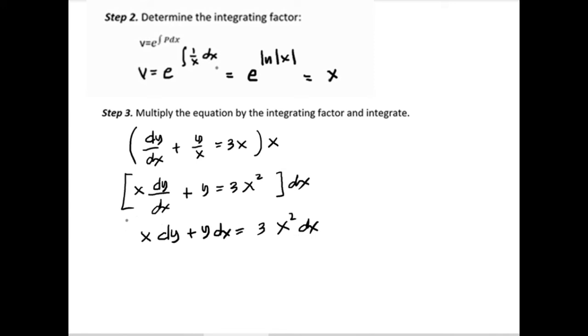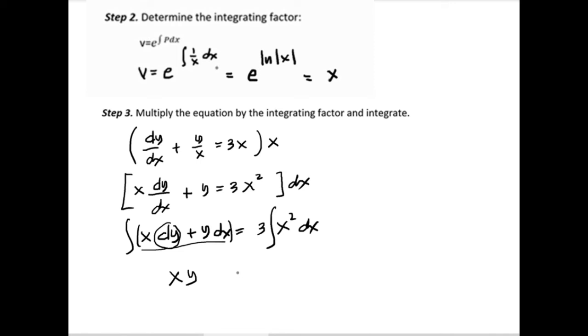Then we are going to integrate the left side and integrate the right side. As I have mentioned, this x dy plus y dx is an exact, and the solution for that is simply the integrating factor, which is x, and the integral of dy, which is y.